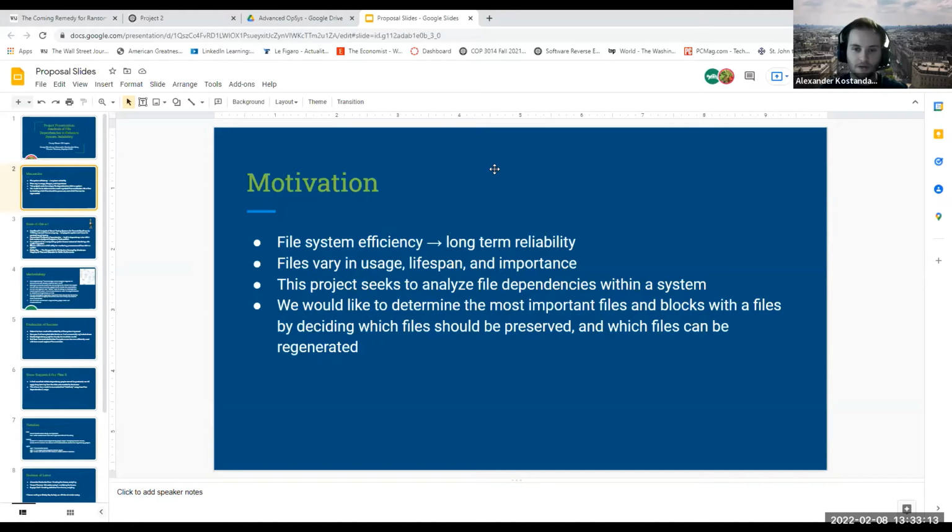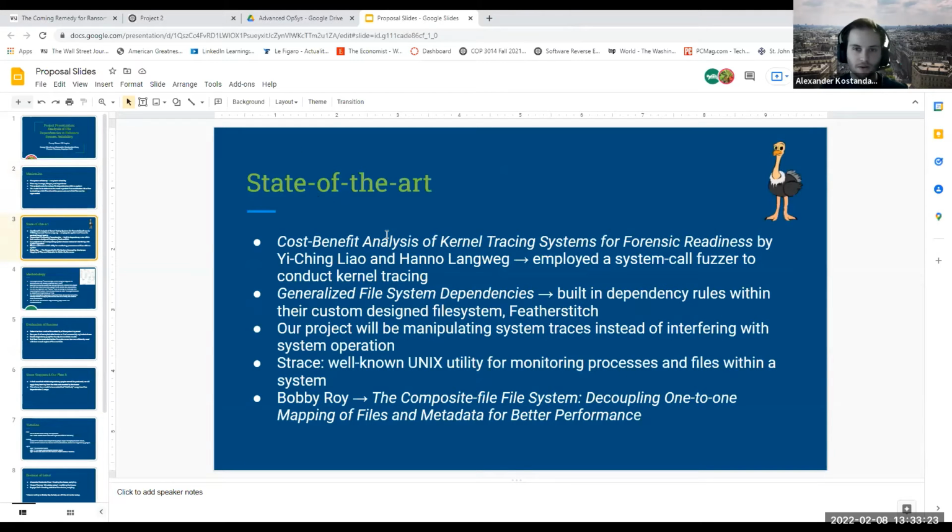We'd like to determine what's the most important by deciding what should be preserved and what can be easily regenerated. And so what we found is there were some dependency tracings in other papers we read. For example, the first paper mentioned here used a system call fuzzer.